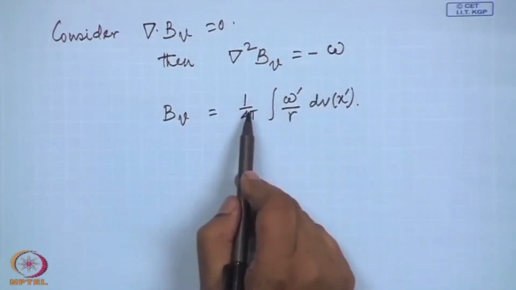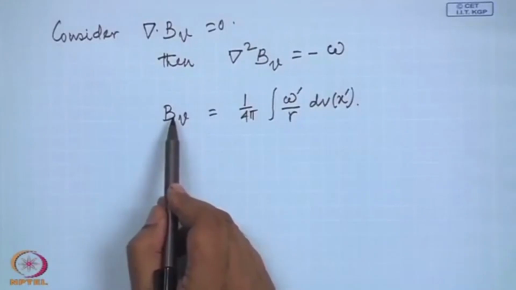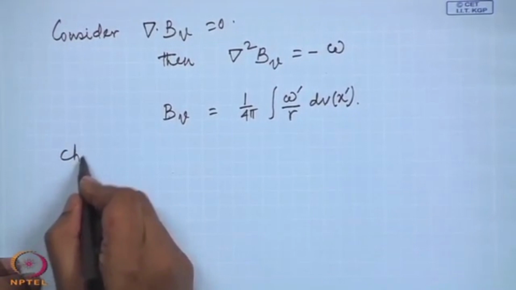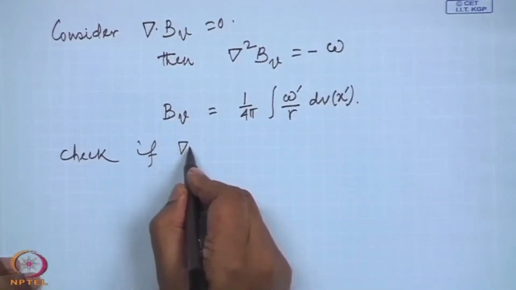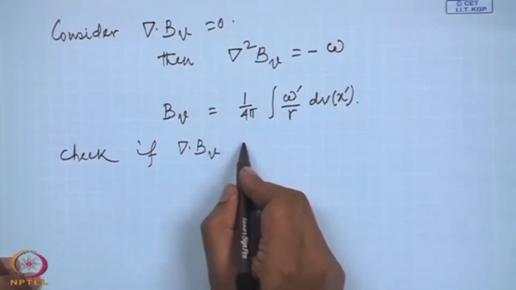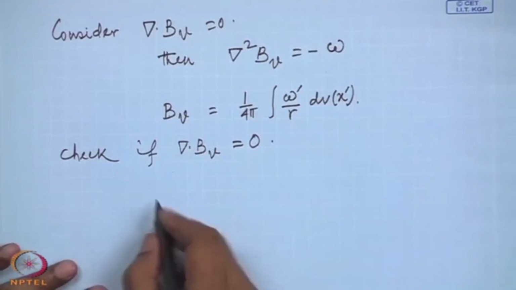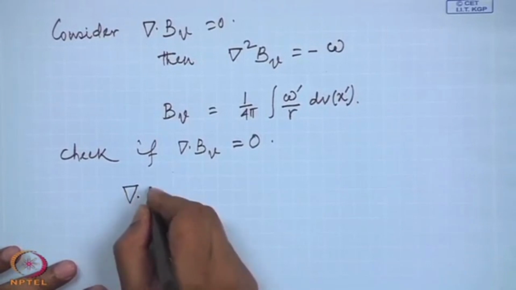So, this will be a solution only if the divergence of it is 0, otherwise not. So, first we must check whether the divergence of this is 0. So, we need to check now what is the divergence of B?